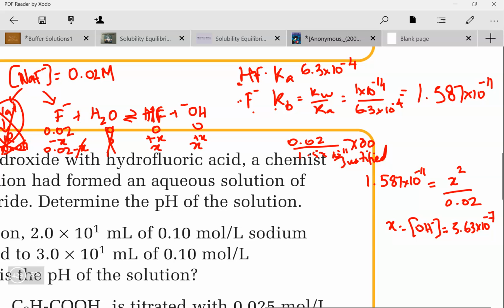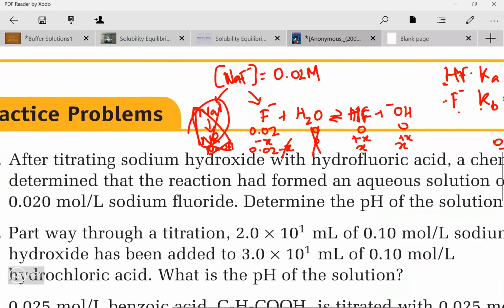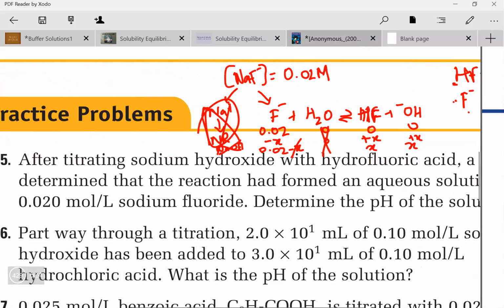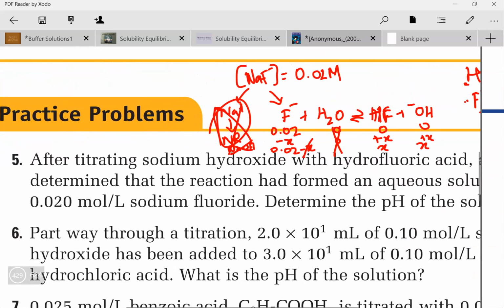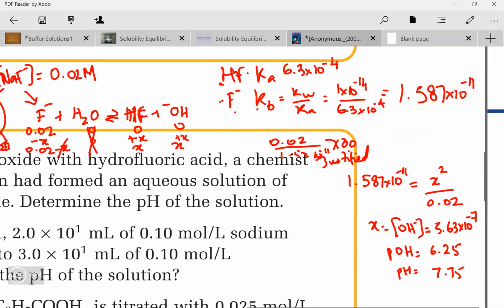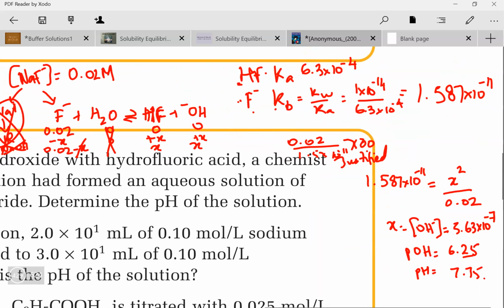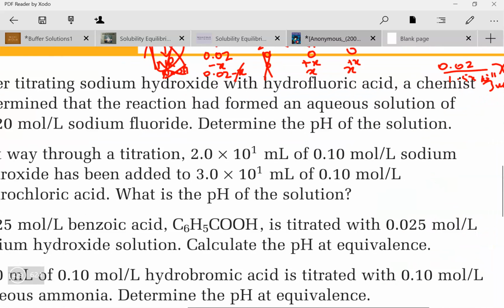We take the negative log of this answer to get our pOH, 6.25, and then pH would be calculated by doing 14 minus this answer, so 7.75. Again, if you want to do sig figs here, we had only 2 sig figs, so that's 2 decimal places on the pH scale, so that's the answer.